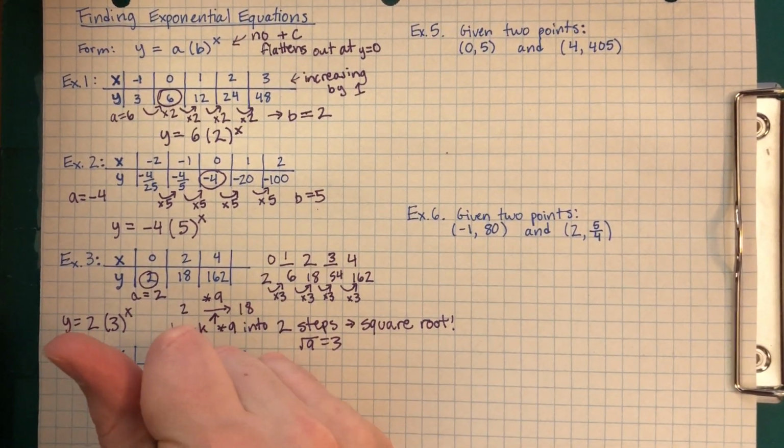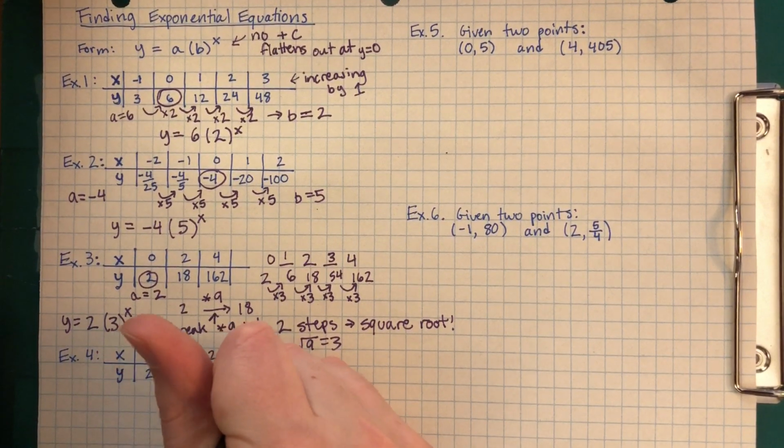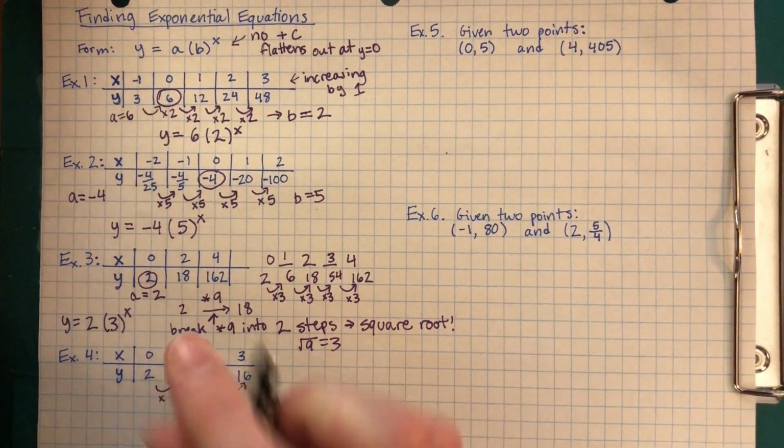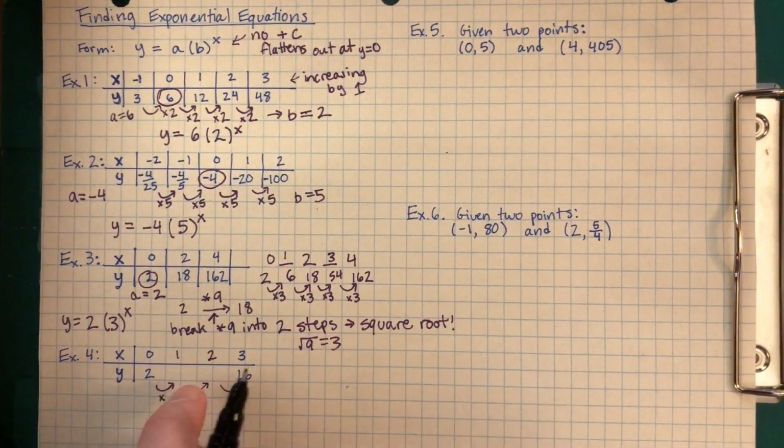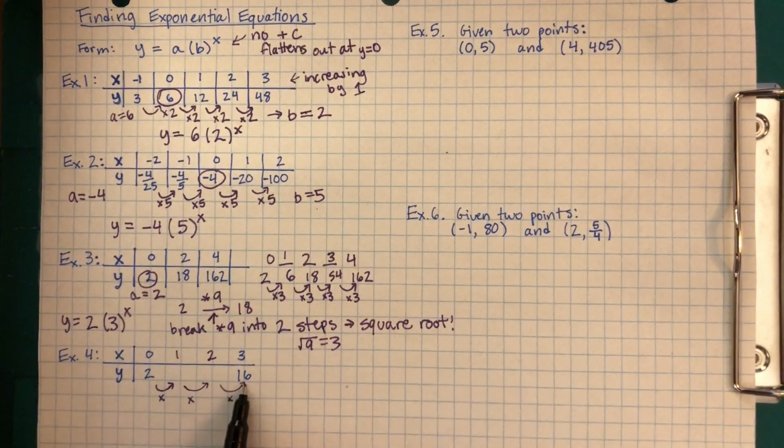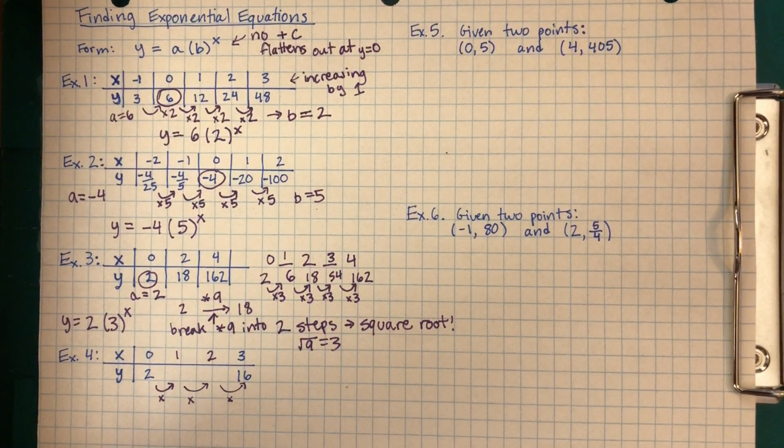I need to do times something here, and I need to do times something here. These are multiplications, not x's. I need to multiply by the same number each time to get from here to here. And maybe you can tell that that number should be 2.